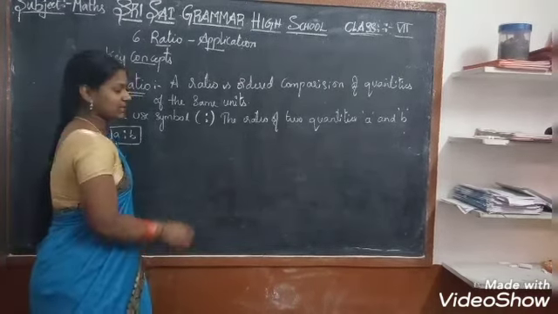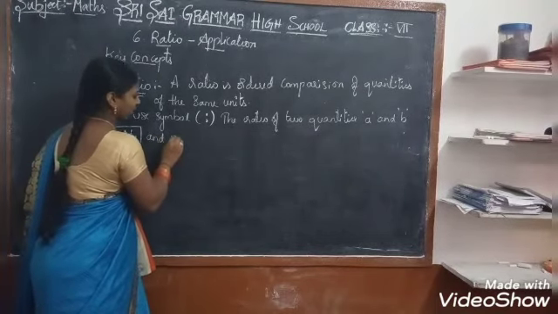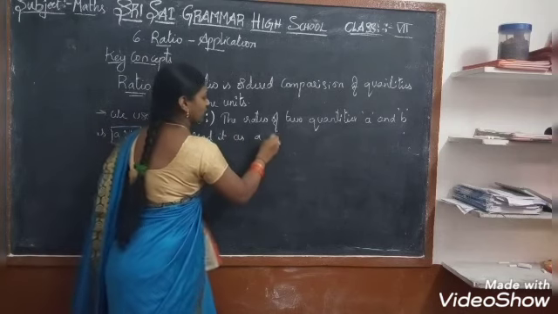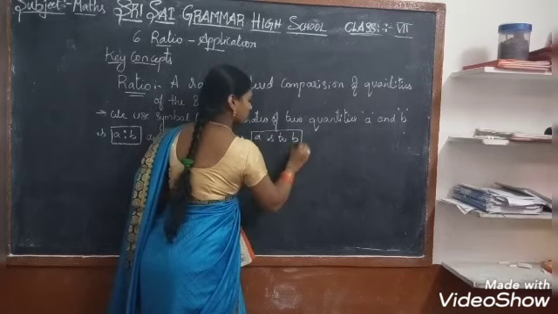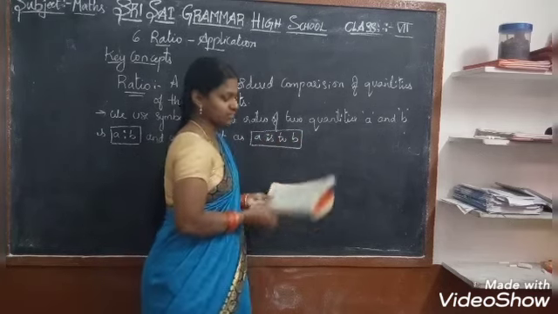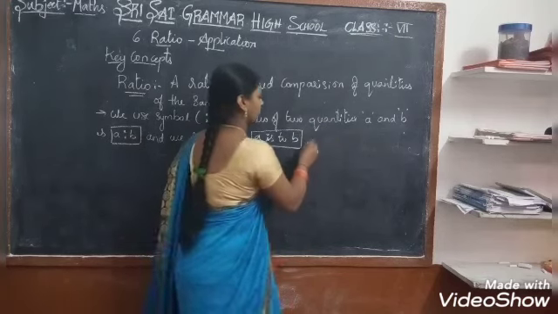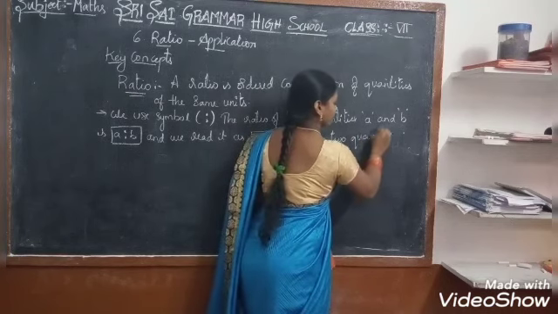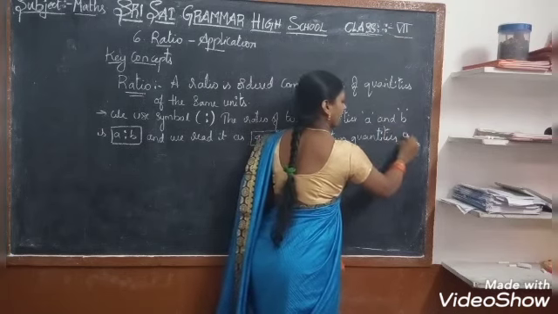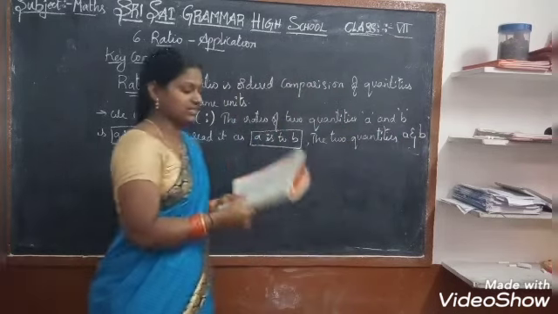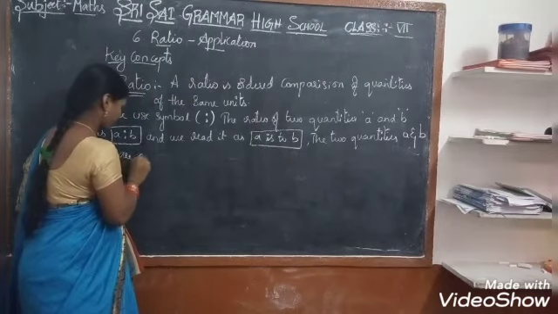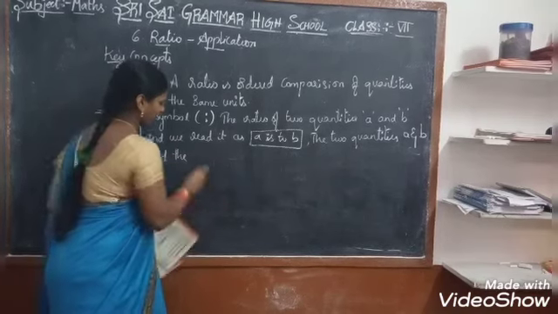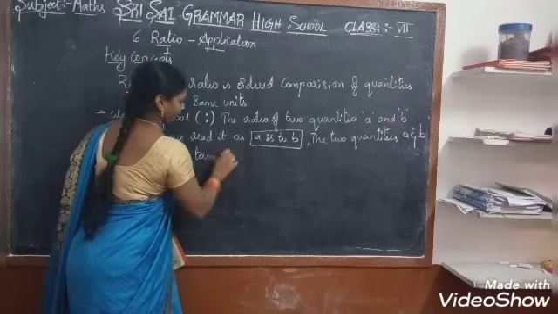And we read it as A is to B. The two quantities A and B are called the terms of the ratio.